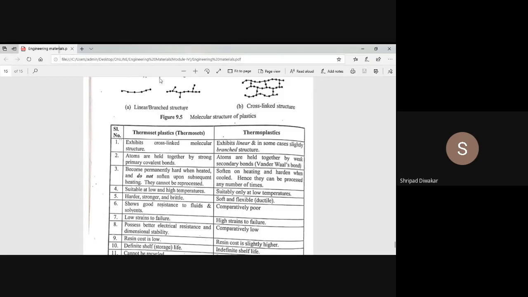On the other hand, thermoplastics have poor properties. Next, related to electrical resistance and dimensional stability, thermosets possess better resistance and dimensional stability, and thermoplastics possess lower stability.